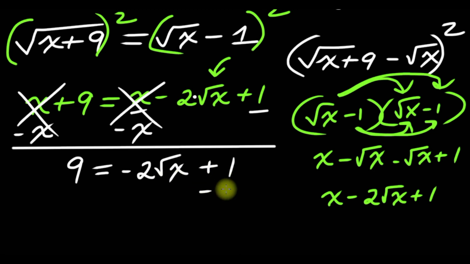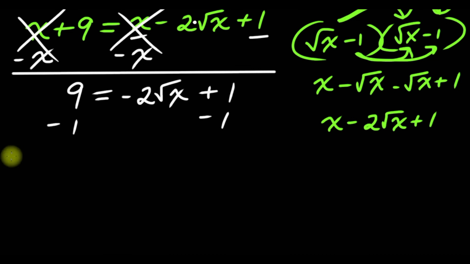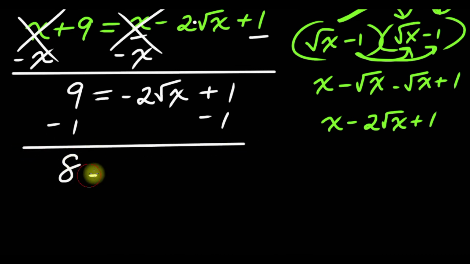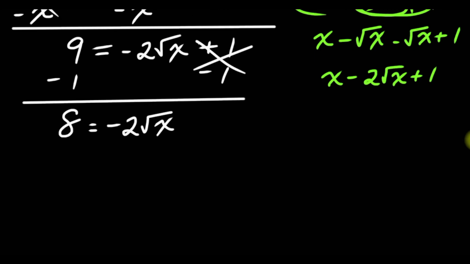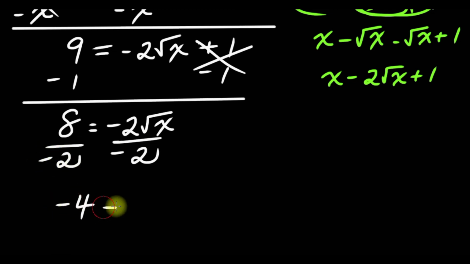And then minus 1 to get rid of the positive 1. So here I have 8 equals negative 2 square root of x. Okay, and then divide by negative 2. So you have negative 4 equals square root of x.